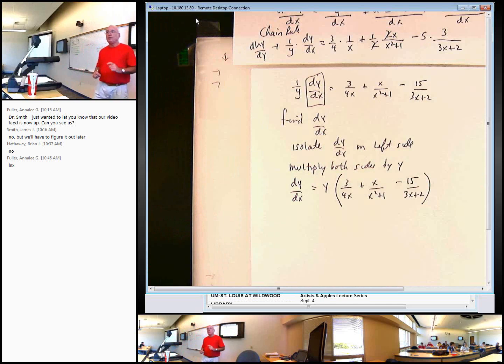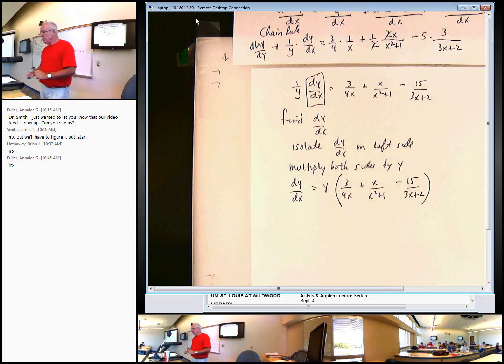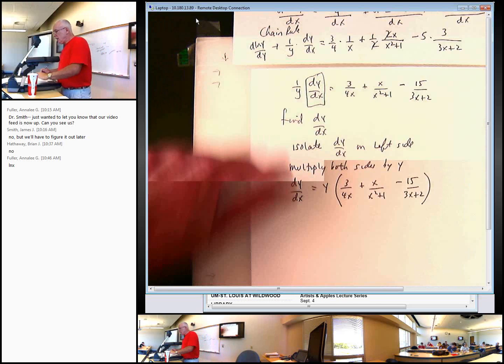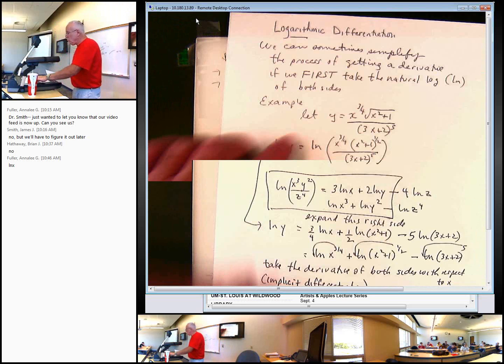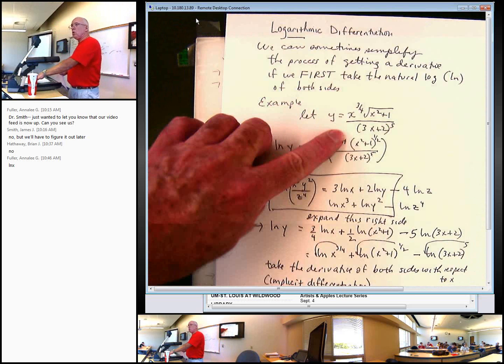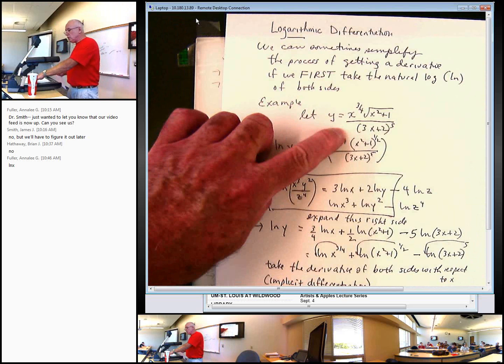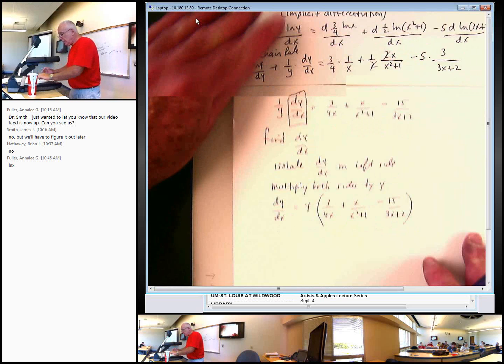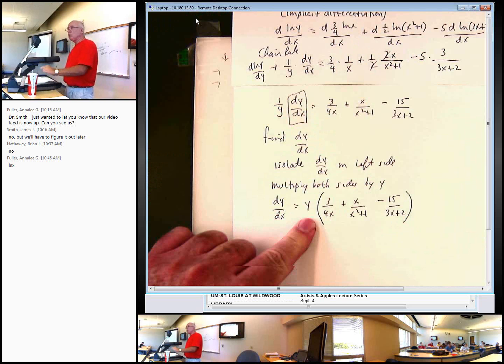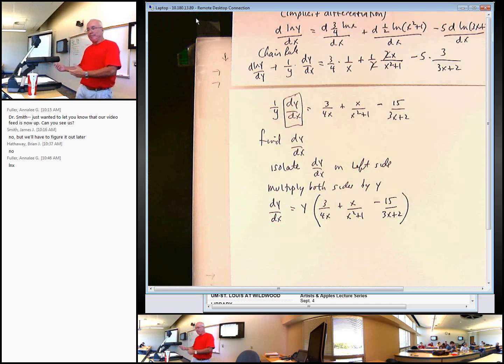And we're almost finished. Remember way back at the beginning here, y is equal to that whole horrible expression, right? So what we're going to finally do in our last equation here is replace the y with what it was originally.